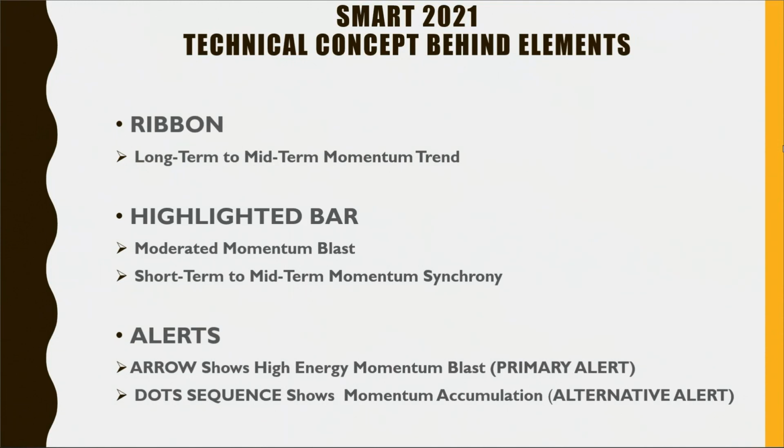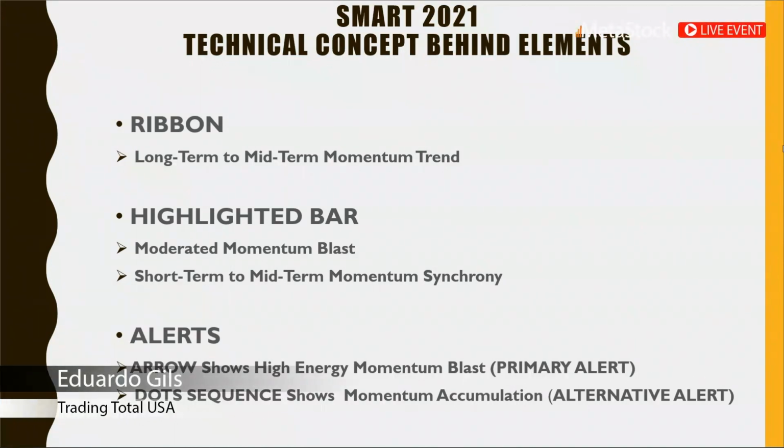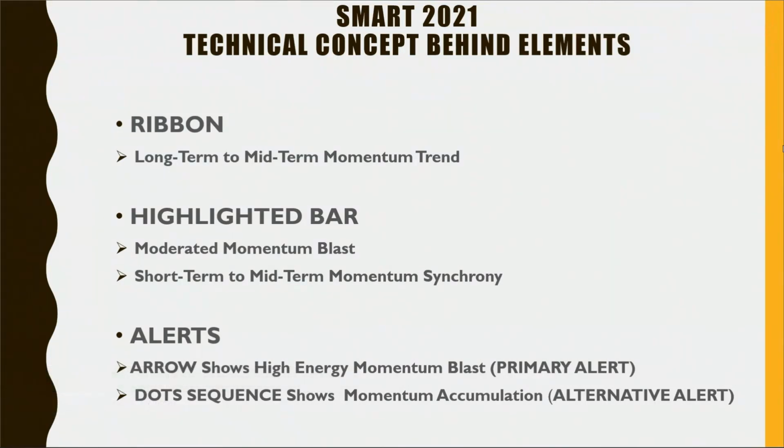The buy arrow alert shows a momentum blast, a highly concentrated momentum energy. The sequence of dots, instead, green or red, are showing consistent up or down momentum being held just before the momentum blast, anticipating the primary alert, or after the momentum blast to provide a secondary alternative alert.